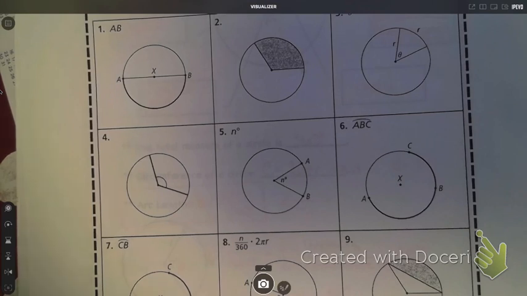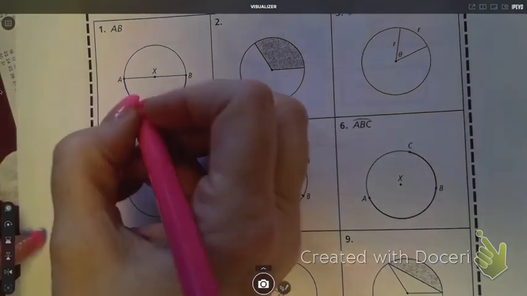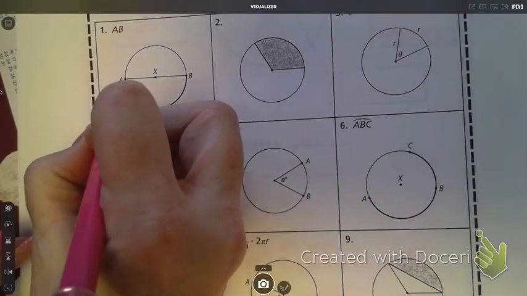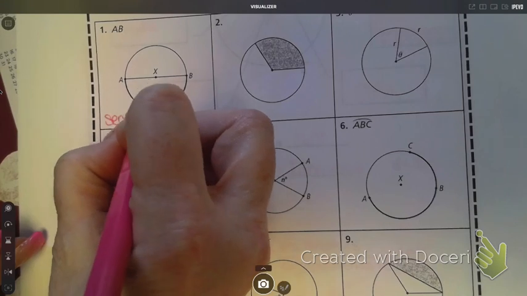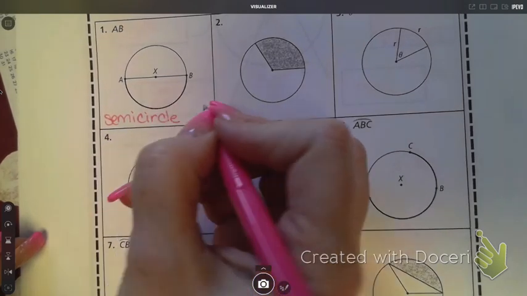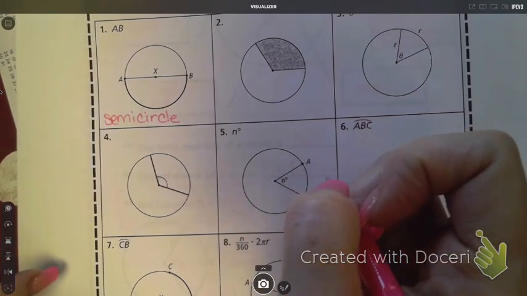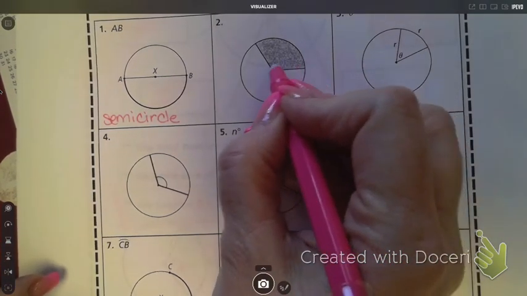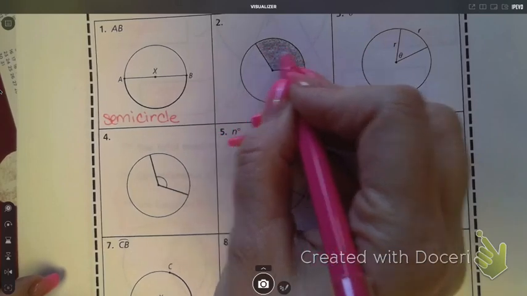Guys, think you have enough to start? Okay, Regan, what do you think number 1 is? Semicircle? Yep, semicircle. Dakota, what about number 2? Central angle. Well, only this is shaded in. Anybody else?